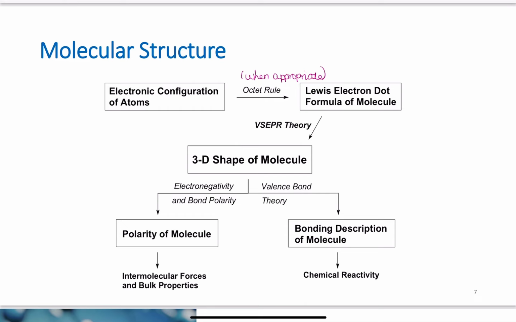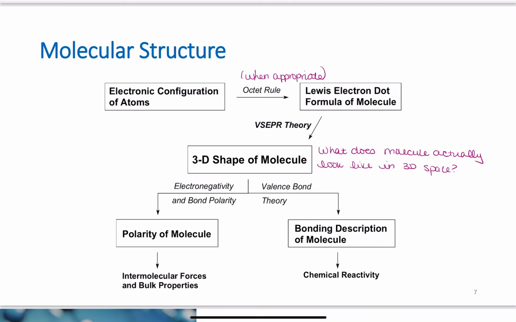We then apply VSEPR theory, and we can get the 3D shape of the molecule. So what does it actually look like in 3D space? From there, we can do 2 things.